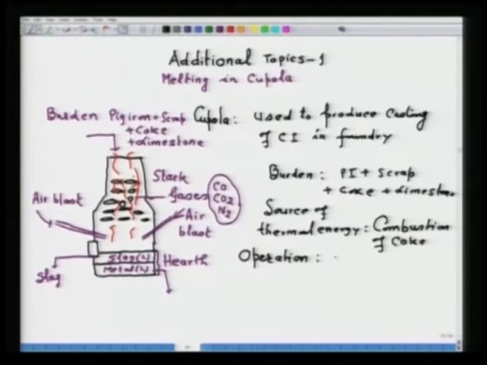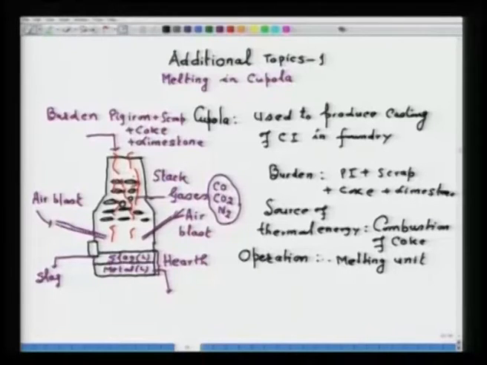First of all, it is simply a melting unit. As such, it just melts pig iron and scrap to produce a cast iron of certain composition. Since coke and limestone are being added, there is some purpose for which they are added.